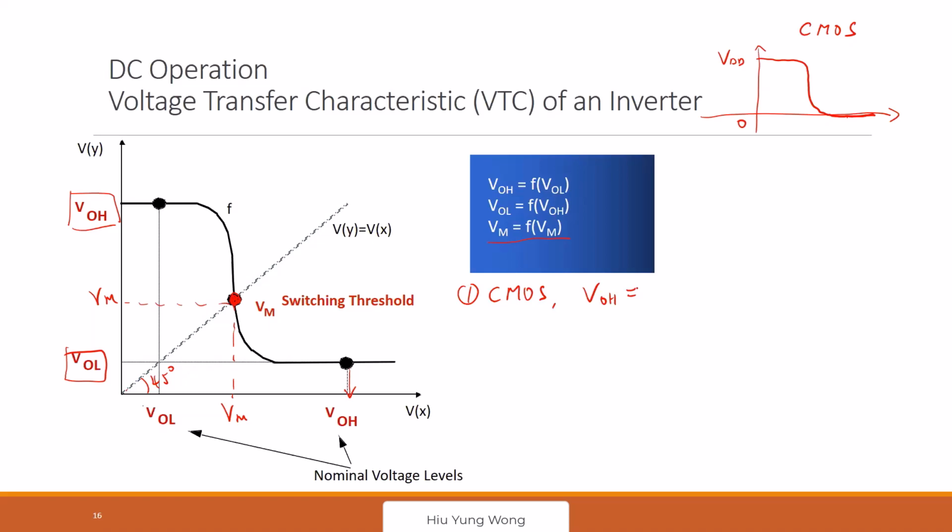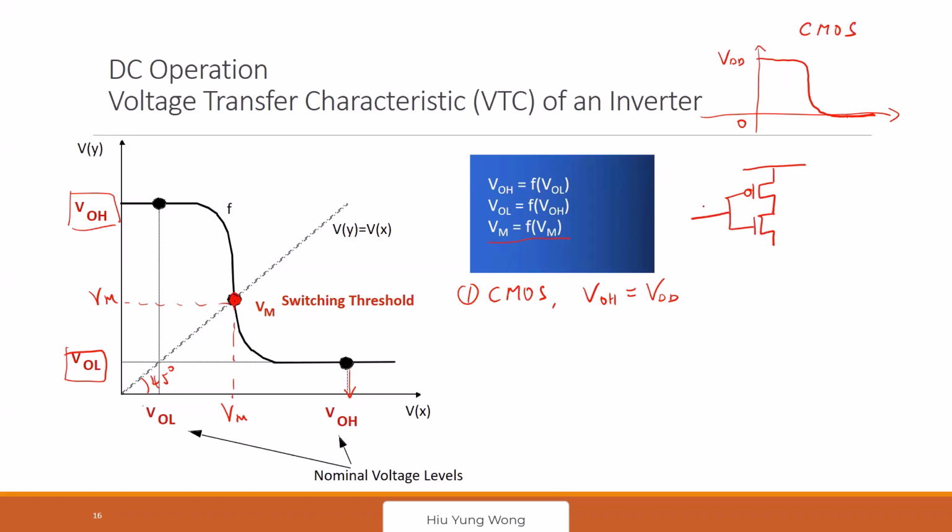I just mentioned it, but can anyone tell me what output high, VOH, is? That will be the saturation, VDS saturation. VDD. Yes, you saturate to VDD. Maybe I should really draw the figure.